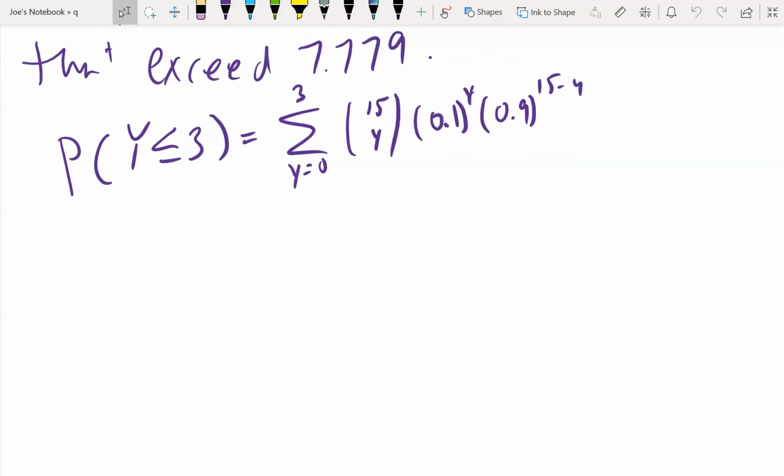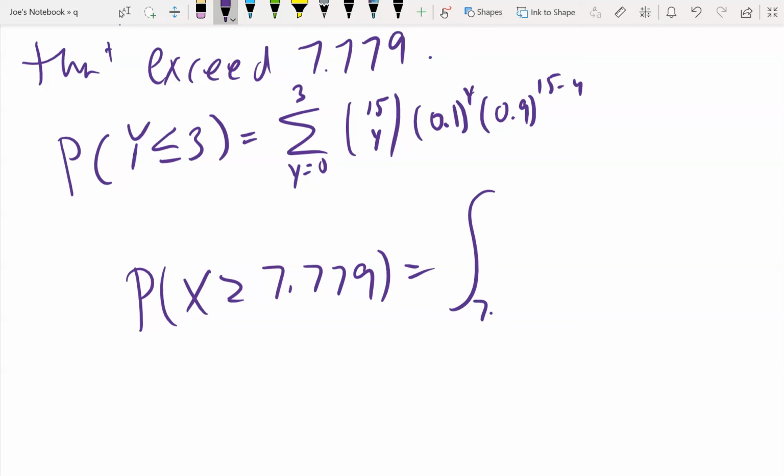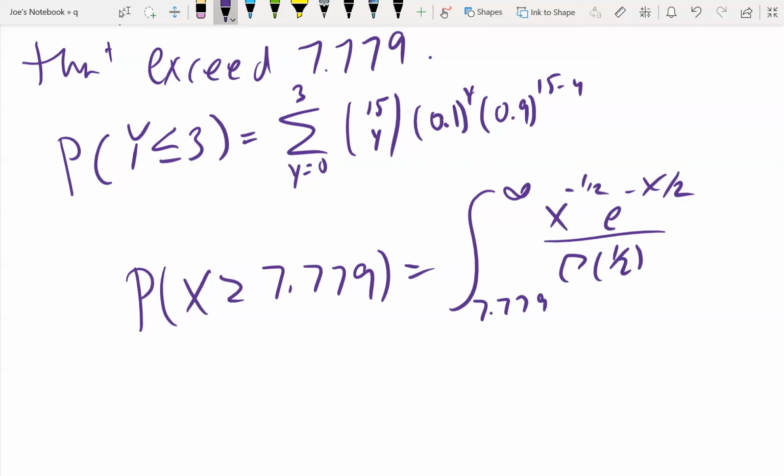If you wanted just the actual distribution, that your x is less than or equal to 3, or if you want x greater than 7.779 using the chi-squared, that would be your integral from 7.779 to infinity of x to the negative 1/2 e to the minus x over 2, over, what was it, square root of pi. Gamma of a half, so it's square root of pi.